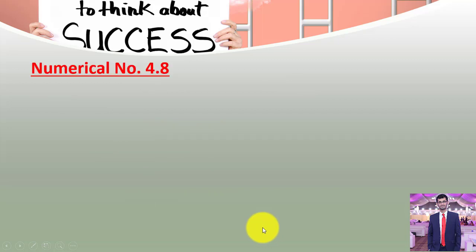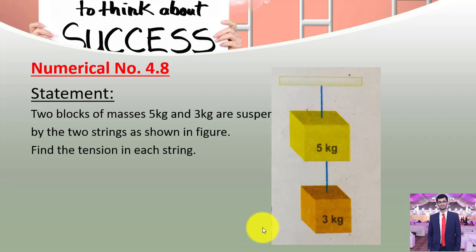Coming on to our next question, that is numerical number 4.8. Statement: two blocks of masses 5 kg and 3 kg are suspended by two strings as shown in the figure. Find the tension in each string.